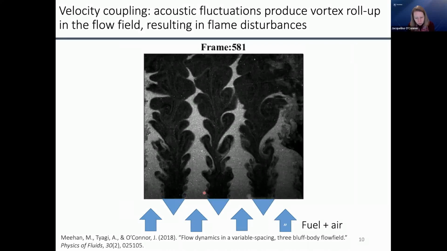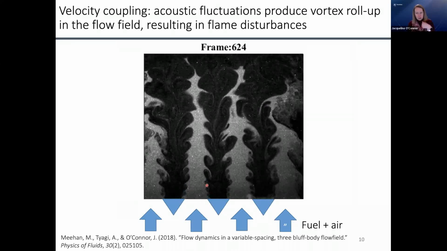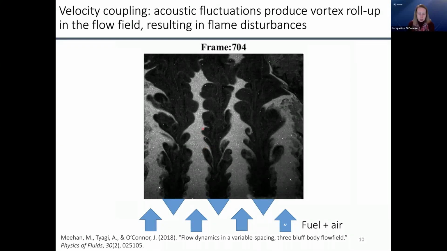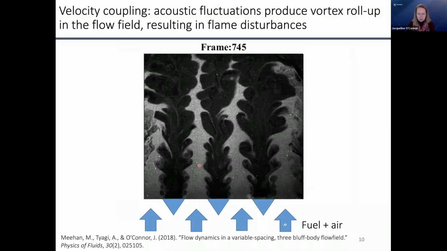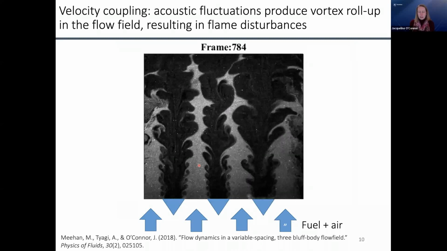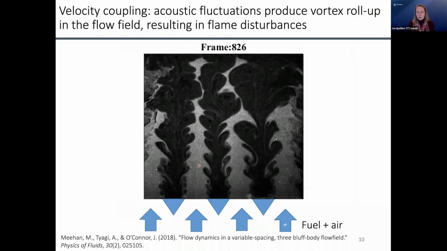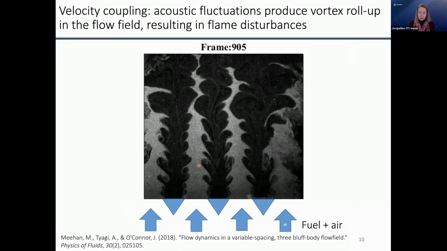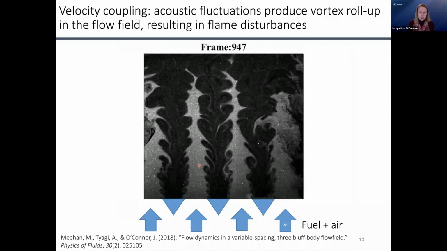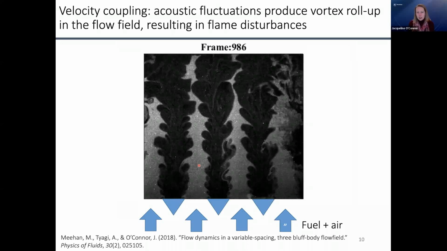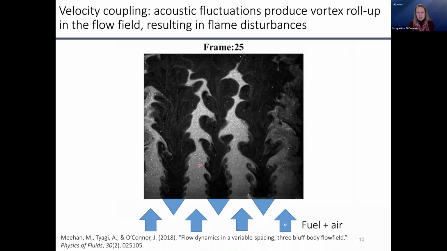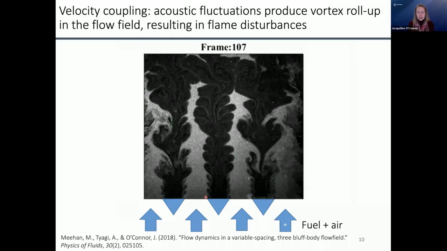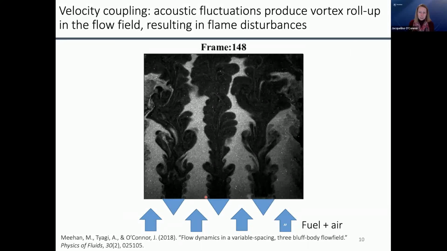And then you can see the flame basically wraps around these vortices, and these wrinkles grow and change and merge as you go downstream. So if you imagine that for a premix flame like this, the flame heat release is proportional to the area of the flame, so the amount of surface where you can convert reactants to products, then by modulating the area of the flame using these vortices, you end up modulating the amount of heat release.